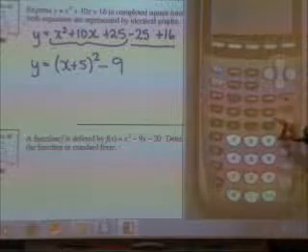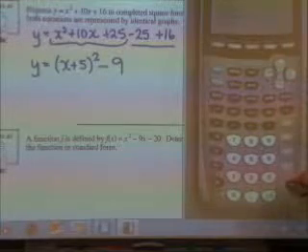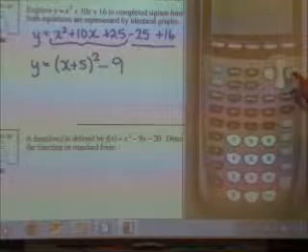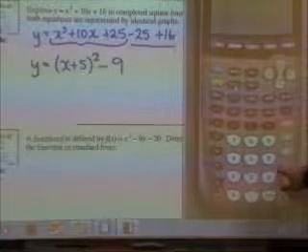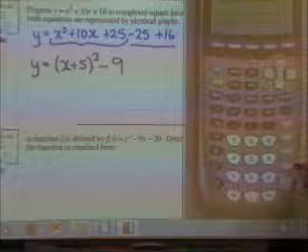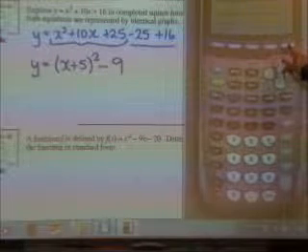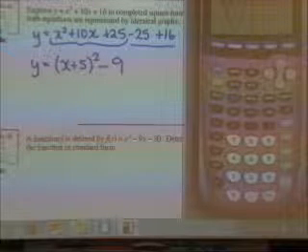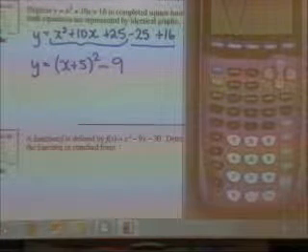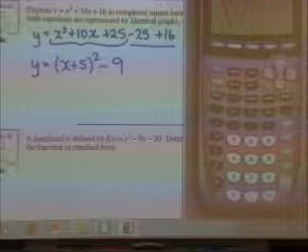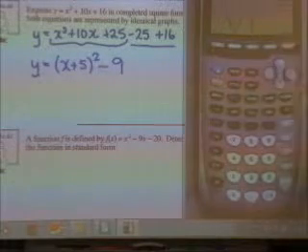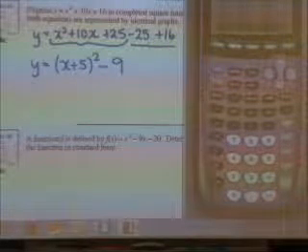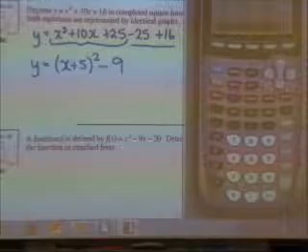And then when I go to put the second graph in, I'm actually going to change the thickness of the line so that I can see as the calculator draws it for me. So then bracket x plus 5 bracket squared minus 9. So there's my first graph, and there comes the second graph. And if I'm still not certain, or I still don't trust that they're the same graph, if I look at the table, the y values are the same. So the input of x gives me the same output for both graphs.